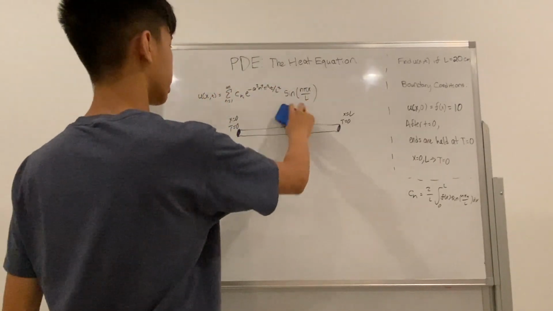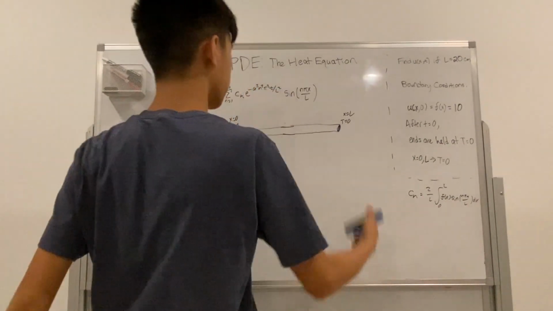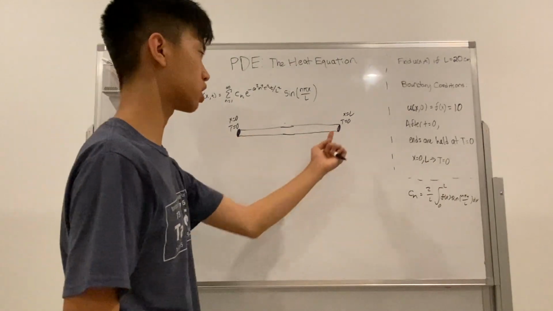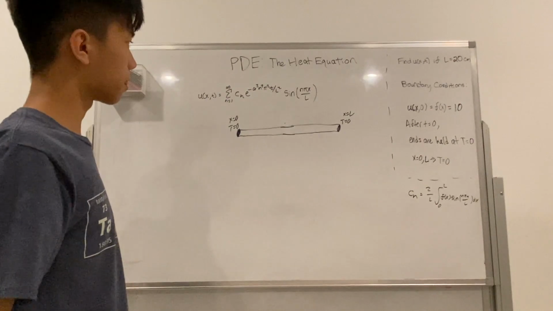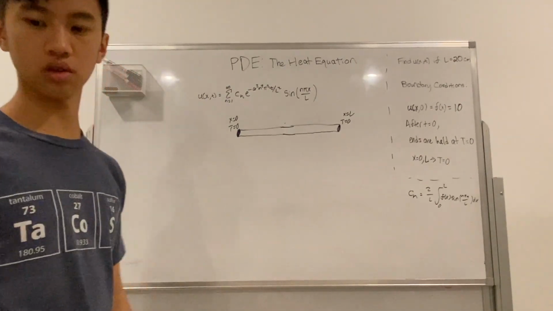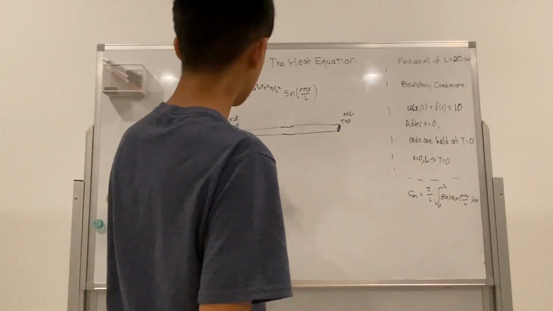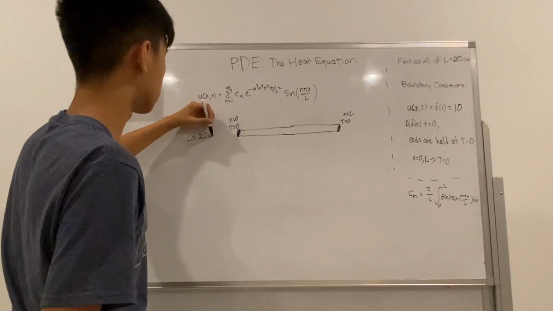So we need to find a u of x, t such that it describes the temperature and its behavior as you travel through x and as time progresses. So we can plug things in. So let's say L equals 20. We already knew that.